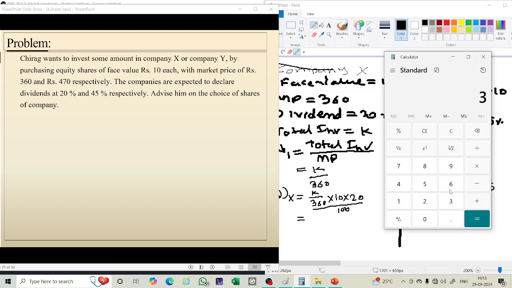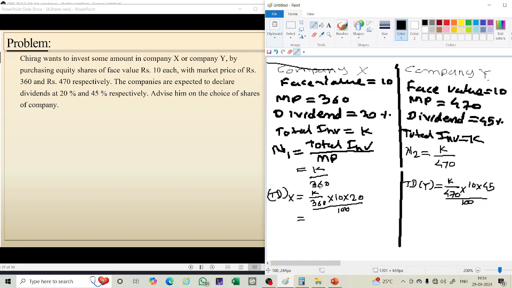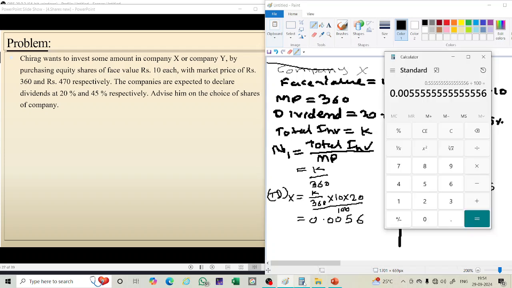First we write here 360 into 10 into 20 divided by 100. 20 into 10 is 200 divided by 360, also divided by 100. From this we get 0.0056.